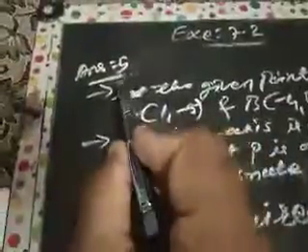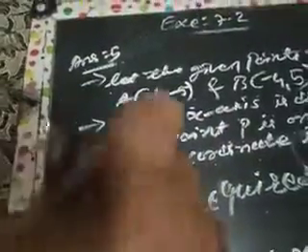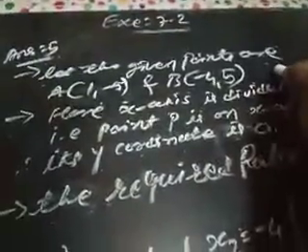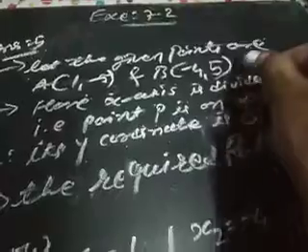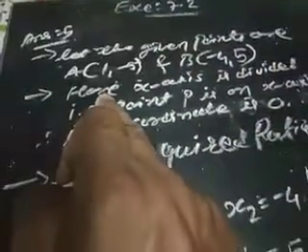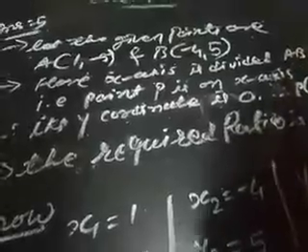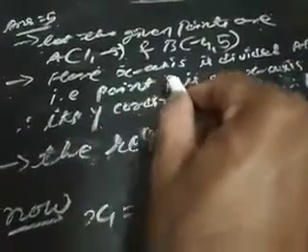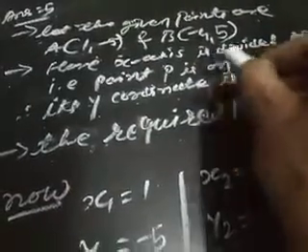Okay, so answer number 5 now. Let the given points be A(1, -5) and B(-4, 5). Here the x axis divides line segment AB, so point P is on the x axis, because we also find the coordinates of that point.